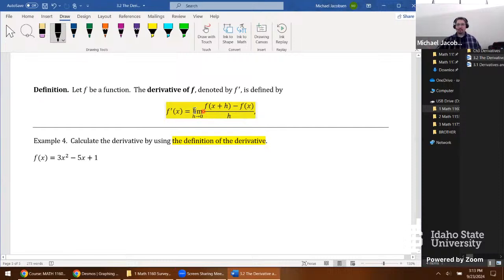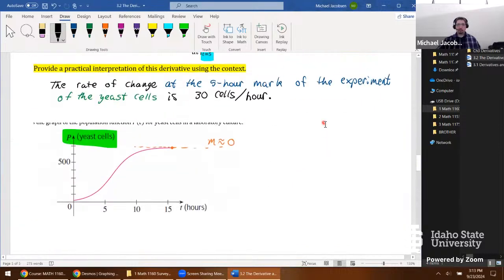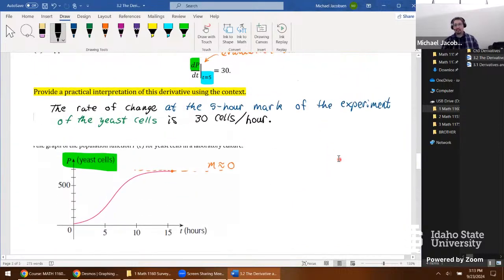Only difference in these notes, like we mentioned, is we're calculating f prime of x instead of f prime of a, but we're really doing the same exact thing, whether you're in section 3.1 or 3.2. So that's where we'll end right here for the day. Next class on Wednesday, we'll finish off 3.2 and start working through section 3.3 as well.